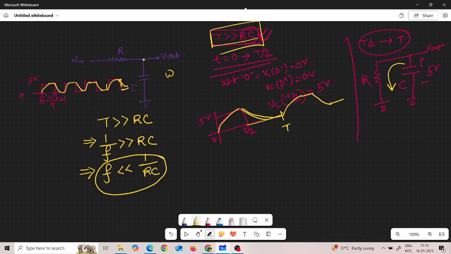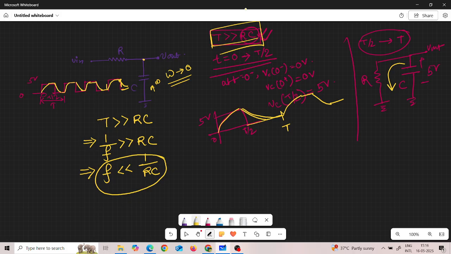For omega tends to 0, what will happen? The capacitive reactance tends to infinite, so what you give at the input you will get at the output.